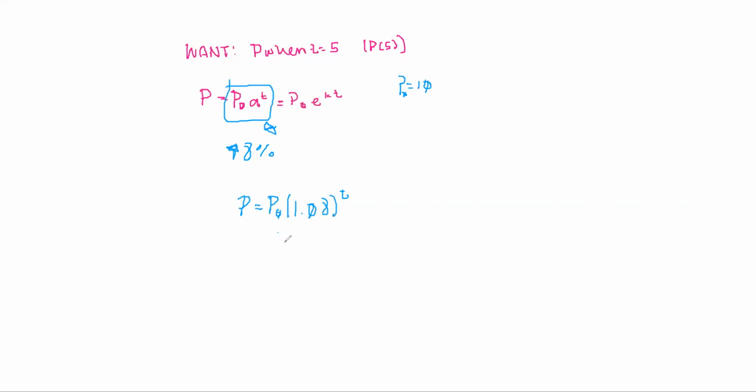Is everybody okay with that? And then we have our T, we want when T is equal to 5. So we're going to put this all in, and then push through and find the answer.